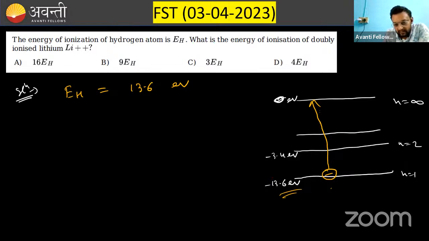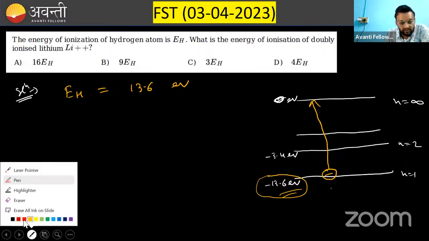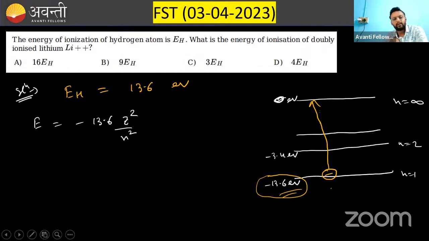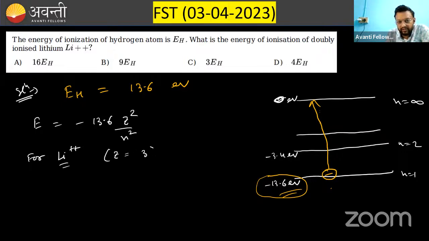Generally, the energy in any state is given by a general relation: E equals minus 13.6 Z square by N square. So if I talk about lithium double plus, Z is 3.